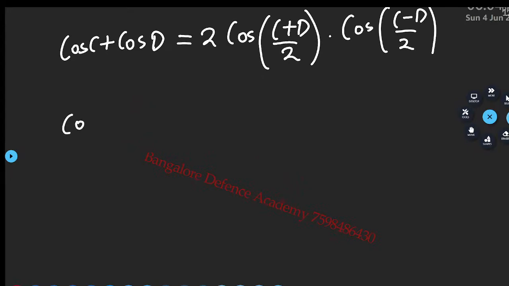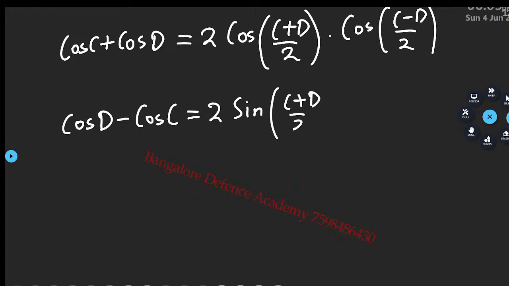Next, cos D minus cos C is equal to 2 sin((C+D)/2) into sin((C−D)/2).